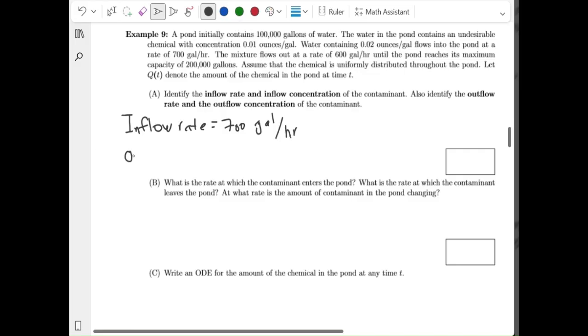And then outflow rate, which is 600 gallons per hour.